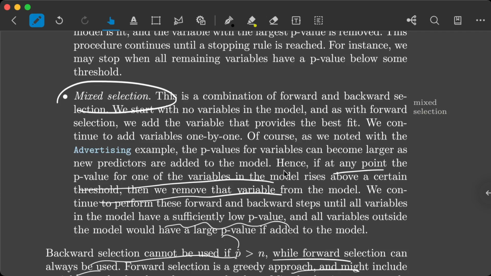So we can remove the second one after we have introduced the fifth one. This can happen in many cases. So generally, when we are introducing new predictors into our model, at the same time we can check if some of the previously introduced ones are not useful.